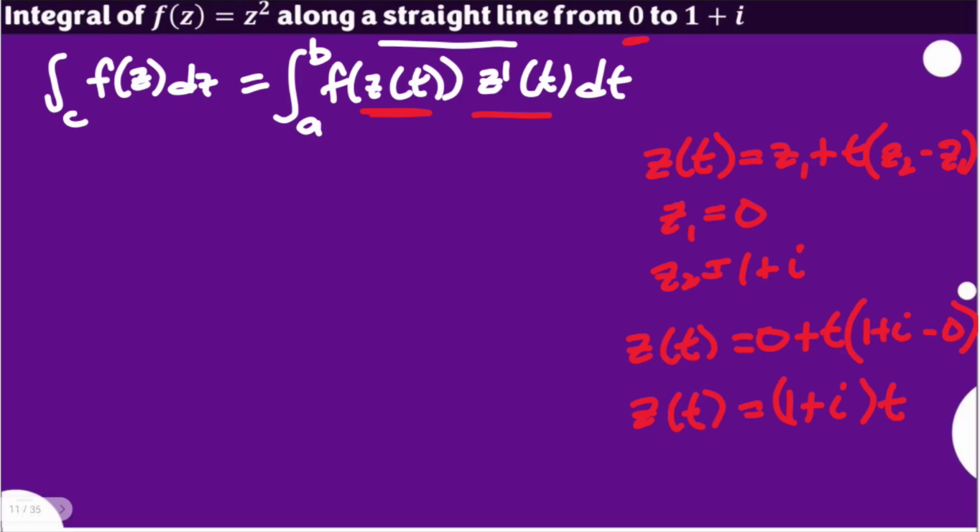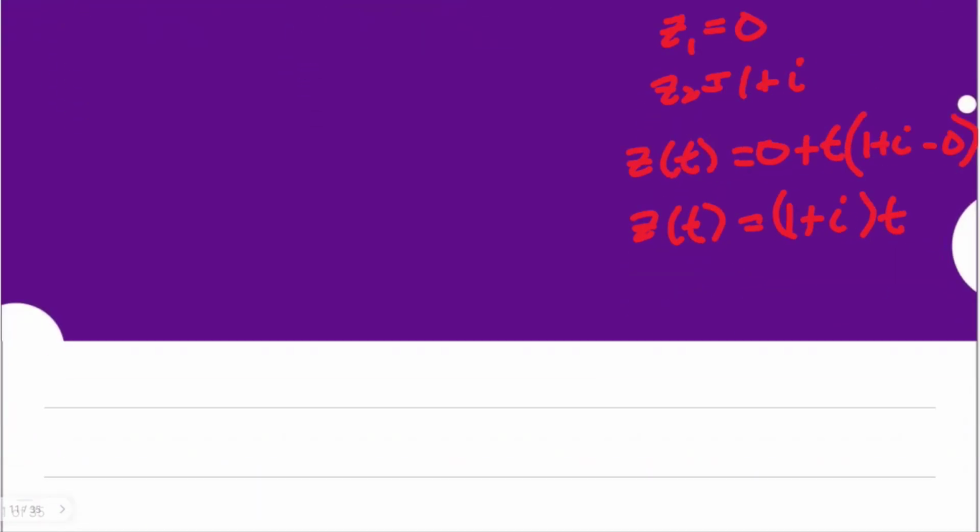Let's not multiply the t, because our next step is to identify the first derivative needed for our integration. Treating this as one term, we're treating this as its constant or numerical coefficient, because it is with respect to t. So the first derivative of that, just like the derivative of 4x with respect to x is 4, is just 1 plus i itself.